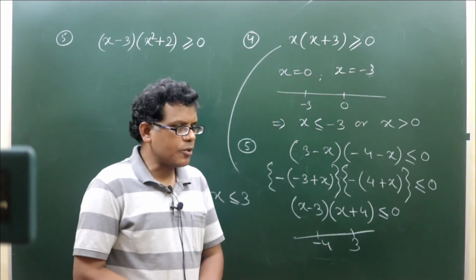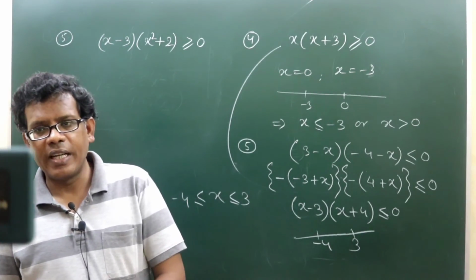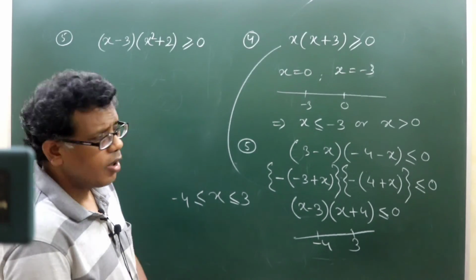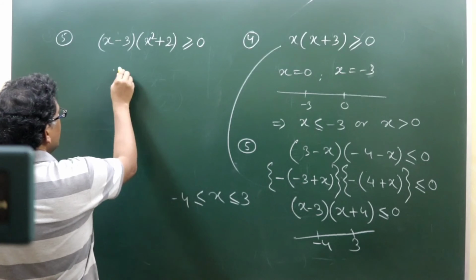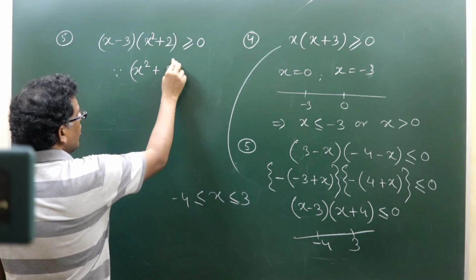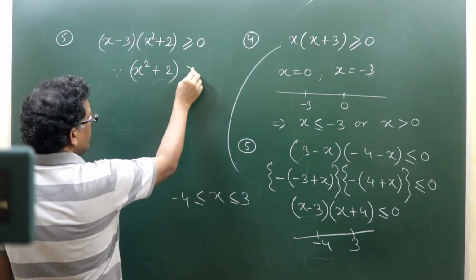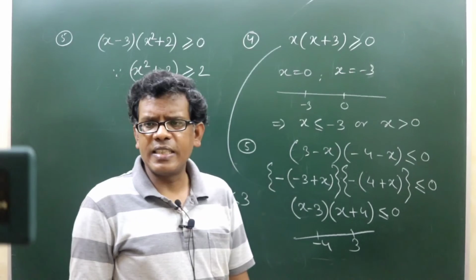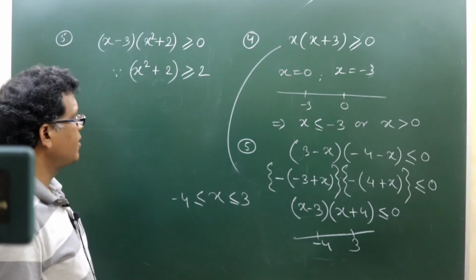First tell me, x square plus 2 itself, can it ever be negative? Correct, all of you are correct. Being x square plus 2, the overall value of this expression will always be greater than equal to 2. This expression itself can never be negative, right?